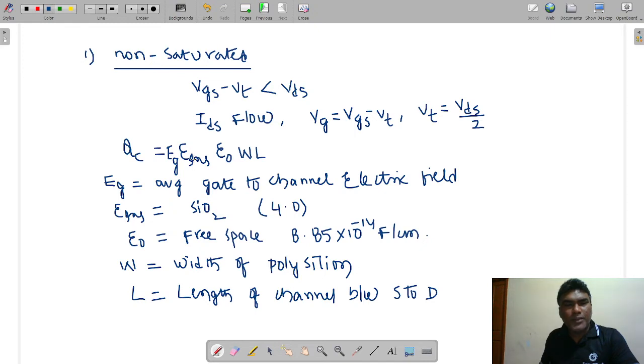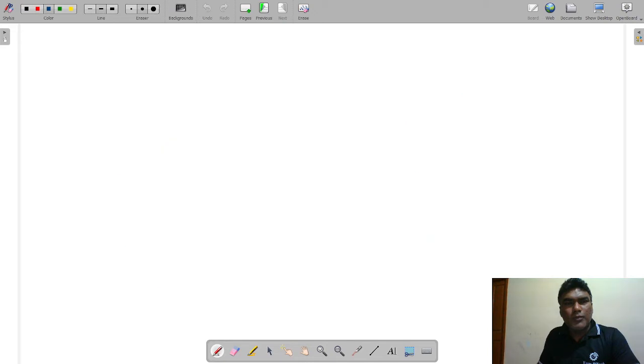So let us find this out. Before going to the non-saturated region, we have the IDS formula. We know that IDS is equal to QC divided by the transit time between source and drain.